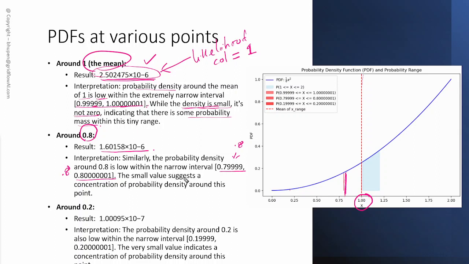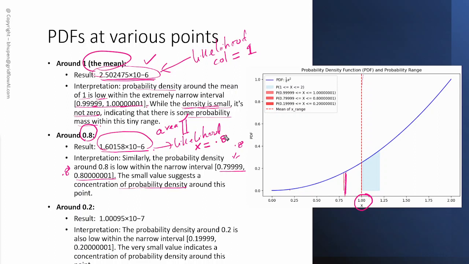Now, this small array value suggests the concentration of probability density, meaning some area. So this is representative of the area under the tiny curve, tiny region, or under the curve here. Okay, so that's the area here. And this is also likelihood. So the likelihood that the point or the column will have a value x equals 0.8.